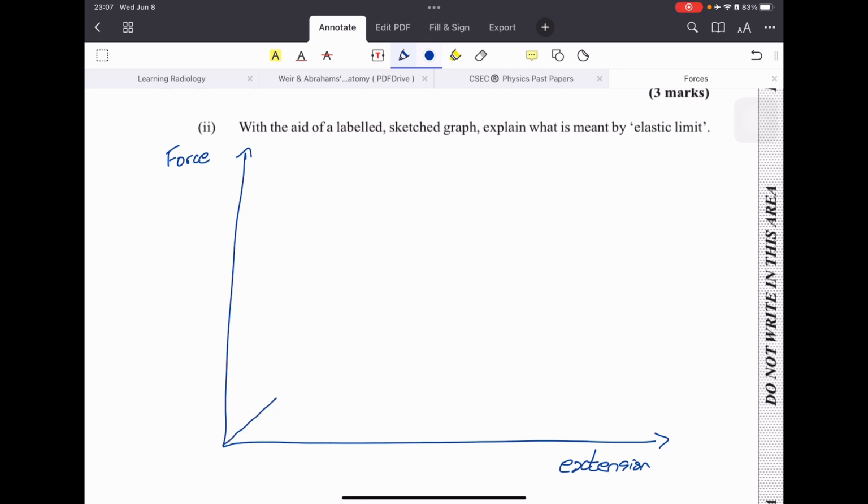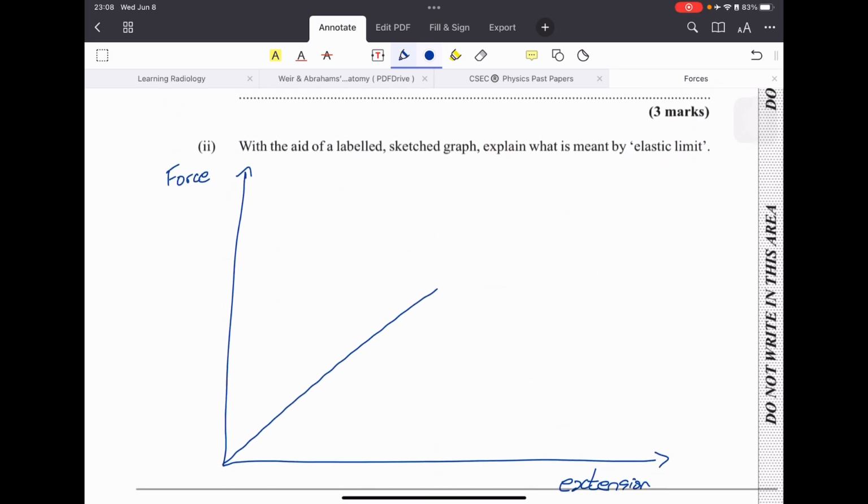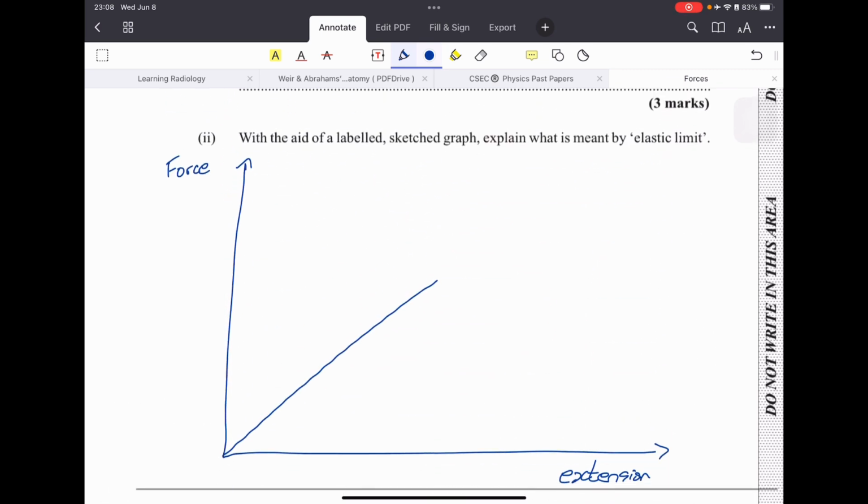So for a certain portion of the graph, it's going to be directly proportional to the force, right? The extension and the force are going to be proportional. So anywhere along this line, if you were to remove the weight, the spring would go back to the way it was, right? And in every spring, there's some kind of limit, right? The limit of proportionality or the elastic limit.